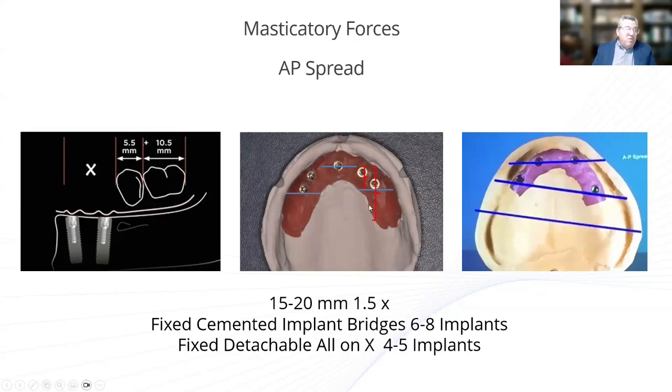You're probably not often going to have room for 2 molars and 2 premolars, but a lot of times it ends up being just one molar extending back here on the cantilever, as you see right here, because you don't want to put too much stress on those implants. All right, if you put too much stress, caused by too much occlusal force, you will kill these implants. Okay, so AP spread is very, very important.